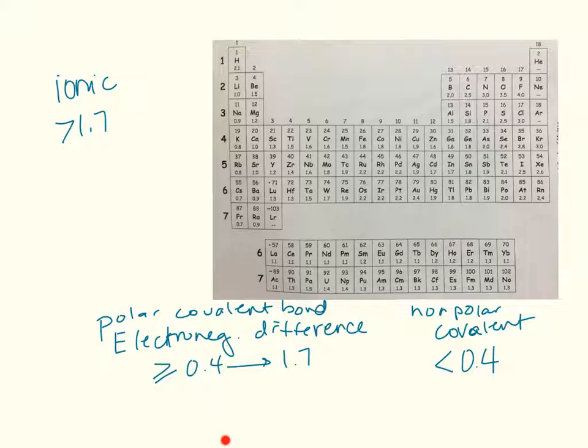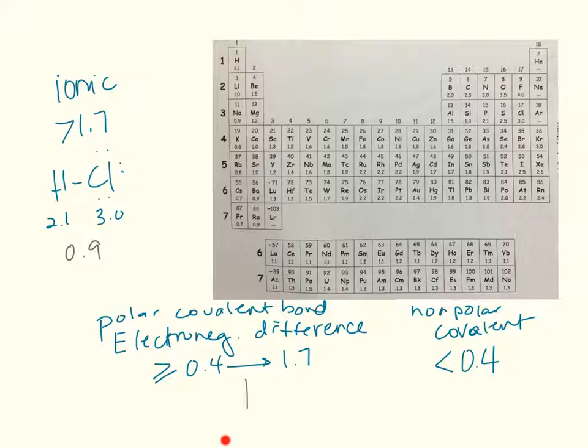So if we look at that bond with HCl, we said chlorine is 3.0 and hydrogen is 2.1, and so the difference in those two numbers is 0.9.